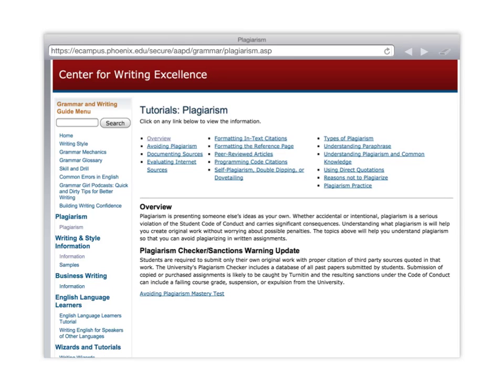But one thing, if you don't understand plagiarism, take this Avoiding Plagiarism Mastery Test. And if you have questions, ask. I'm happy to help. There's communities in Phoenix Connect that help with writing, and there are resources within CWE for you to ask for assistance. Ask for help. Don't get caught plagiarizing and say you didn't know you were plagiarizing, because that won't be acceptable.